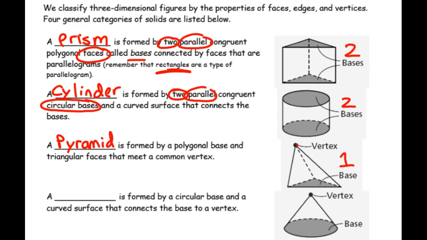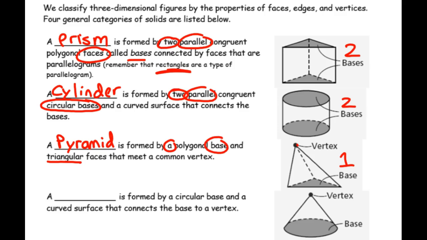It's formed by a, that means 1, base on the bottom. Now this time, what are all the faces around the side? Triangles. Because at the top, they're going to all touch and make that point. So again, the sides are triangles. So again, if you unfold this figure, you see 1 base, triangles on the side, that's a pyramid.